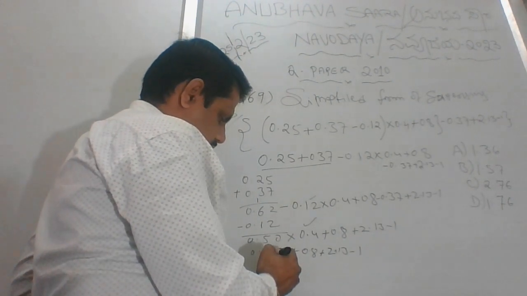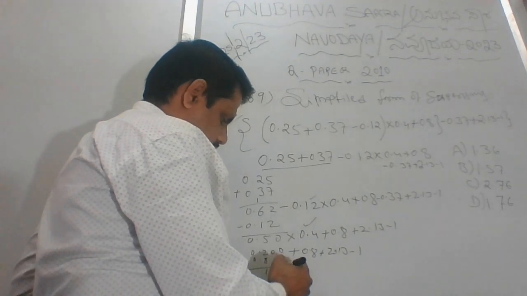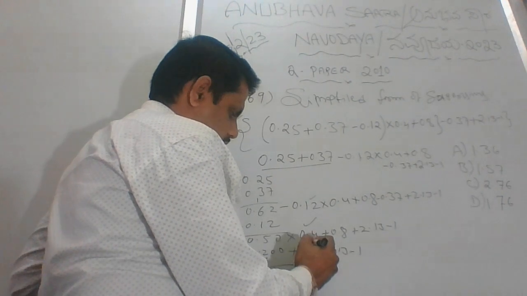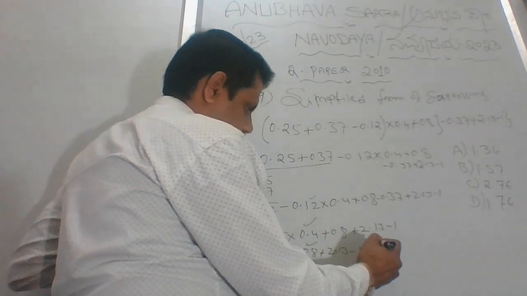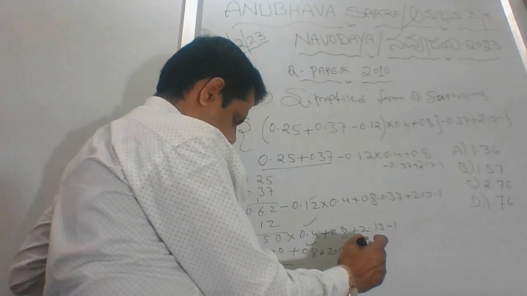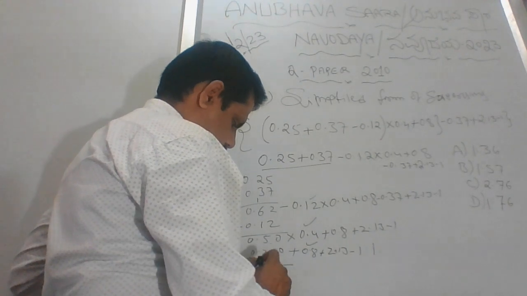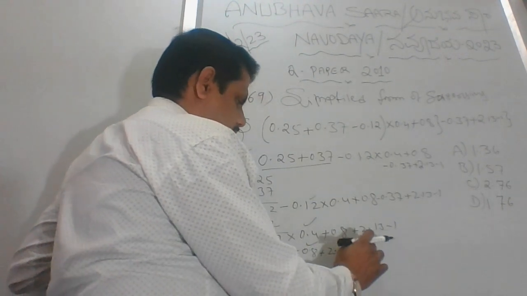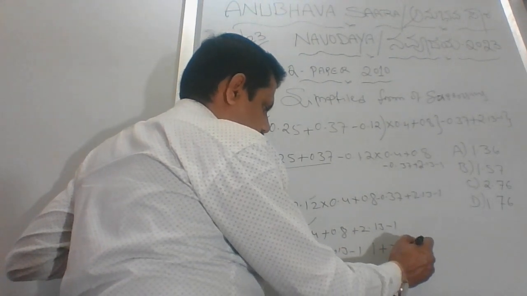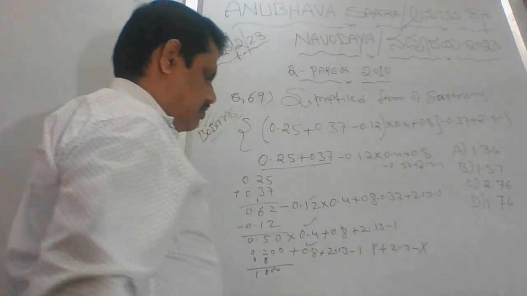So 0.8. Here this is over. Now the 1 plus 2.13 minus 1. So minus 1 and plus 1 is over.